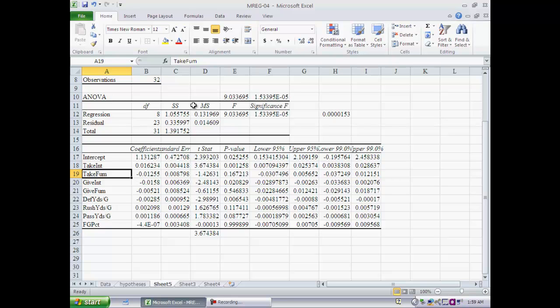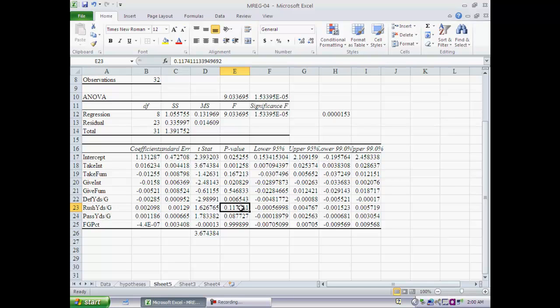So even though collectively, my analysis was that if I take all 8 variables together, they're helping to explain the variability in the dependent variable y, when I parse the 8 variables apart, I can see that not all of them are contributing equally to the explanation. In particular, field goal percentage, fumbles given away, fumbles taken away, and I would also say rushing yards per game.